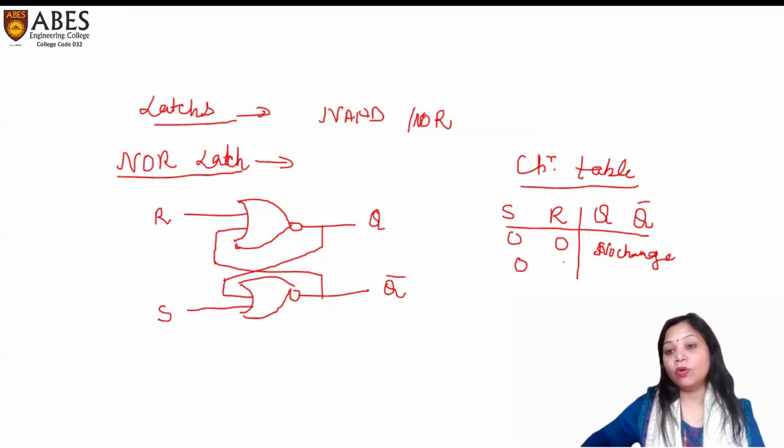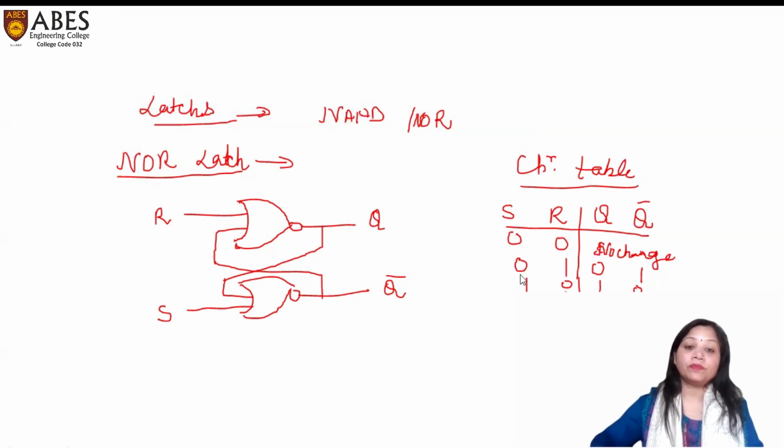Suppose set is 0 and reset is 1. The output Q is 0 and Q bar is 1. Suppose S is 1 and R is 0. The output will be Q is 1 and Q bar is 0. And last, suppose S and R both are 1, then this is called the forbidden case or indeterminate case. Right? This is a NOR latch.